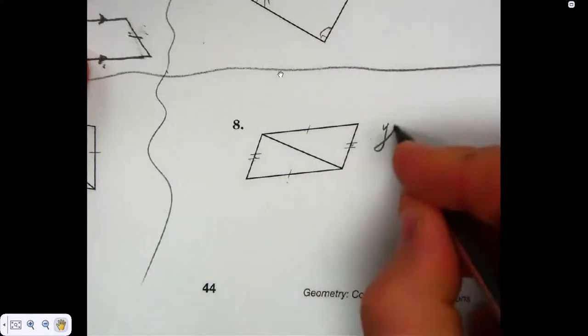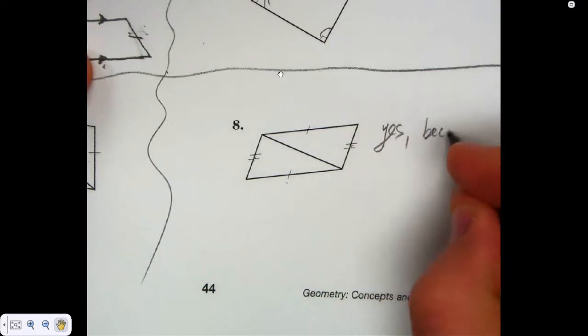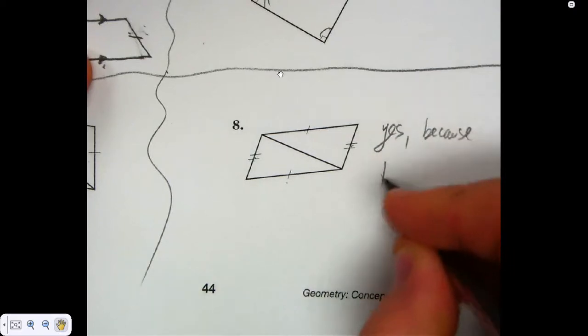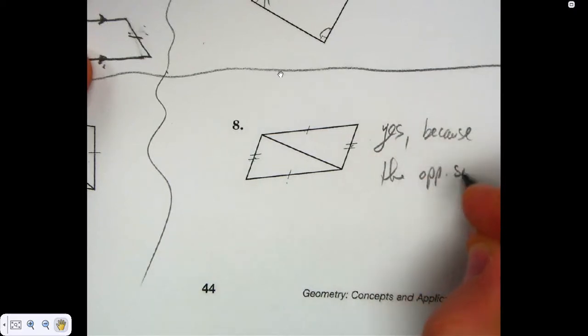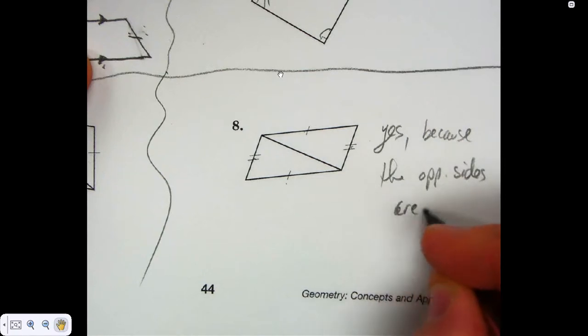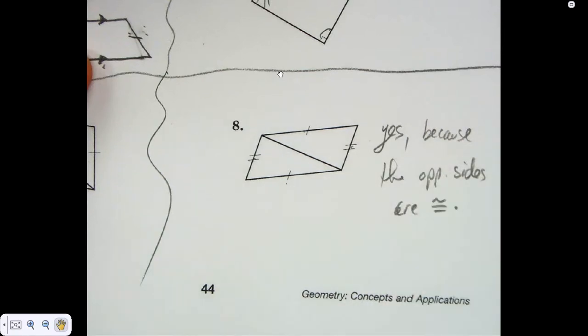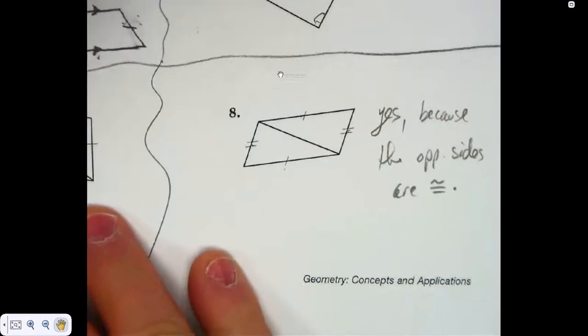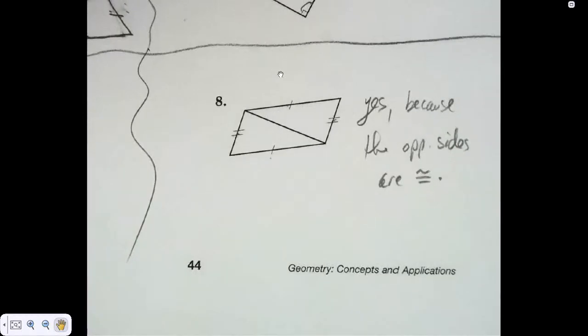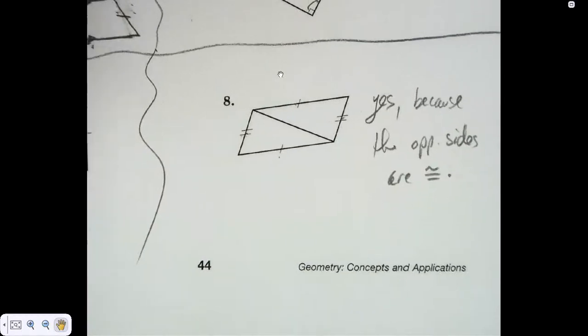So what's the answer here? Is this a parallelogram? Yes, because the opposite sides are congruent. I do expect you to put in the time to write. I abbreviated some. I'm not saying you can't, but you can take the time to draw this picture and then explain yourself, right?